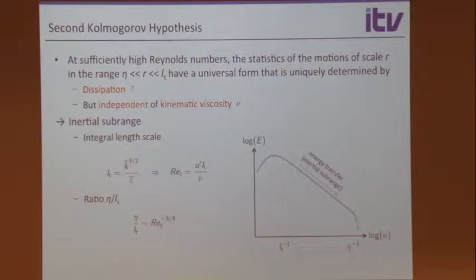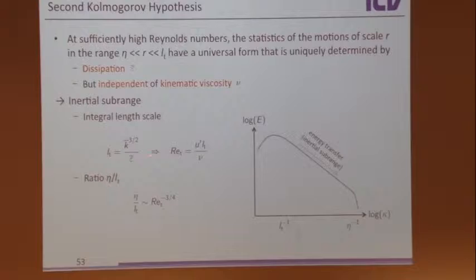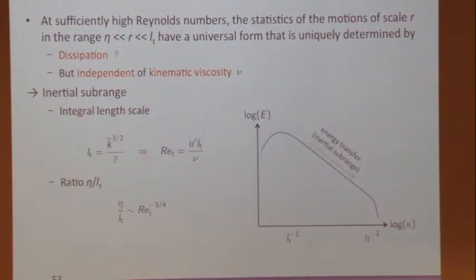And then from this, you find the so-called Kolmogorov scaling. It turns out that at any length scale, this is written here for the integral scale, but at any length scale, I should write this down.